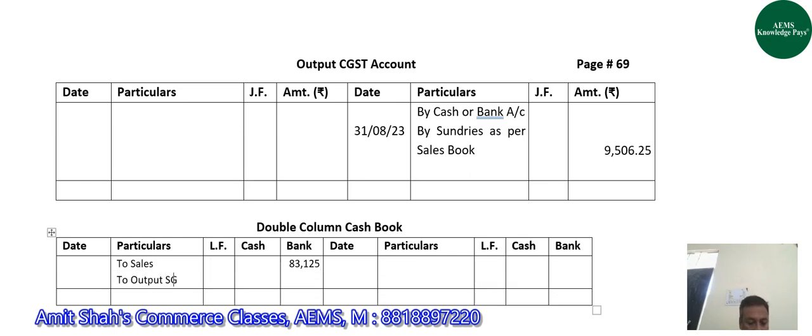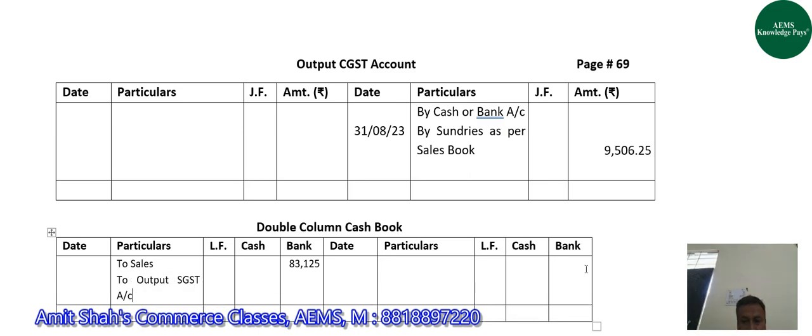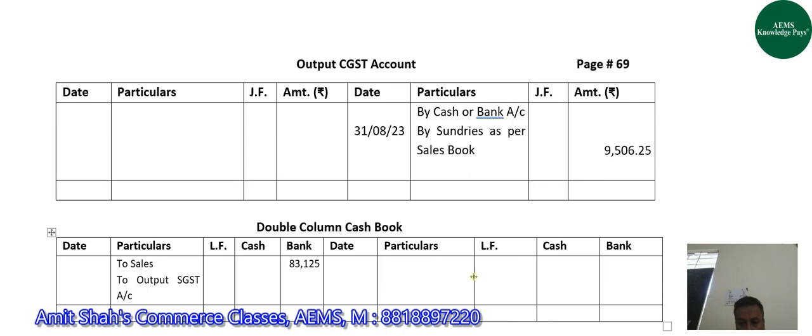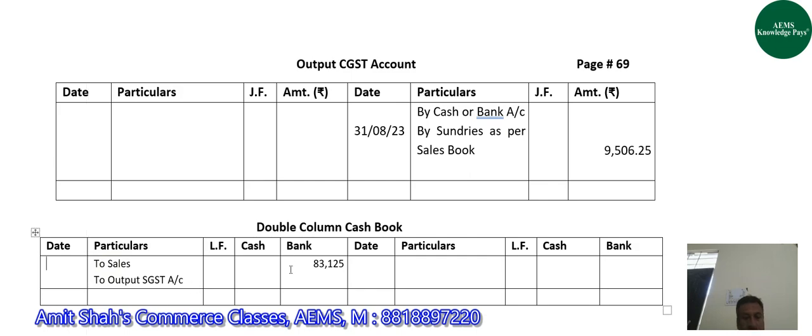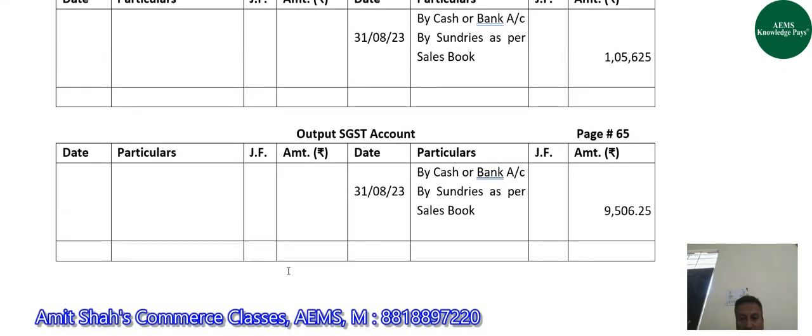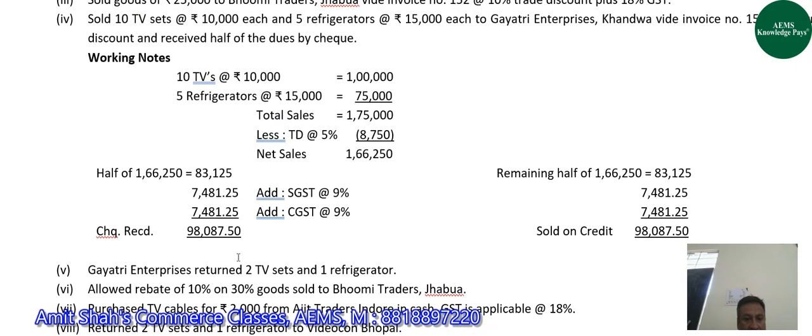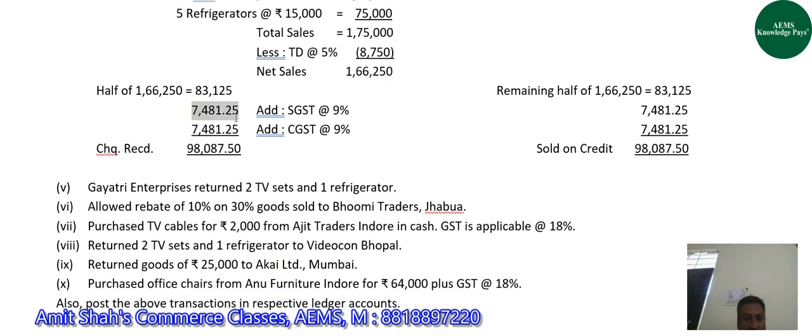Then to output SGST account with 9,506.25. That was the amount, right? No, sorry, 7,481.25.